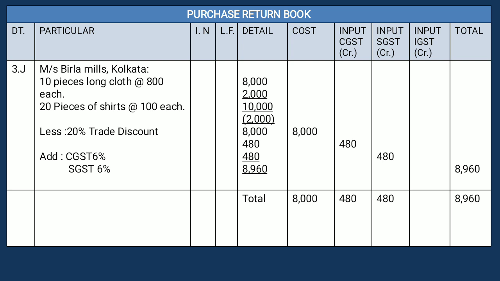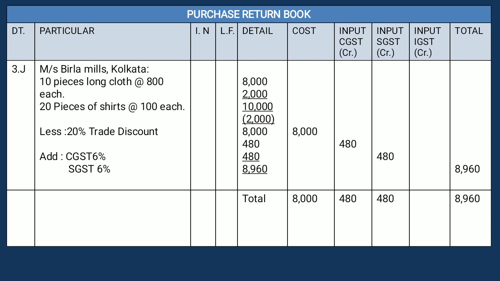We have to find out the values of each and every item, just like 8,000, 2,000, total of 10,000. We have to subtract the trade discount amount 20%, that is 2,000. So cost value of sale goods will be 8,000, and we have to calculate 6% of 8,000 for CGST and the same for SGST. So it will be 480 and 480. So total sales will be 8,960.